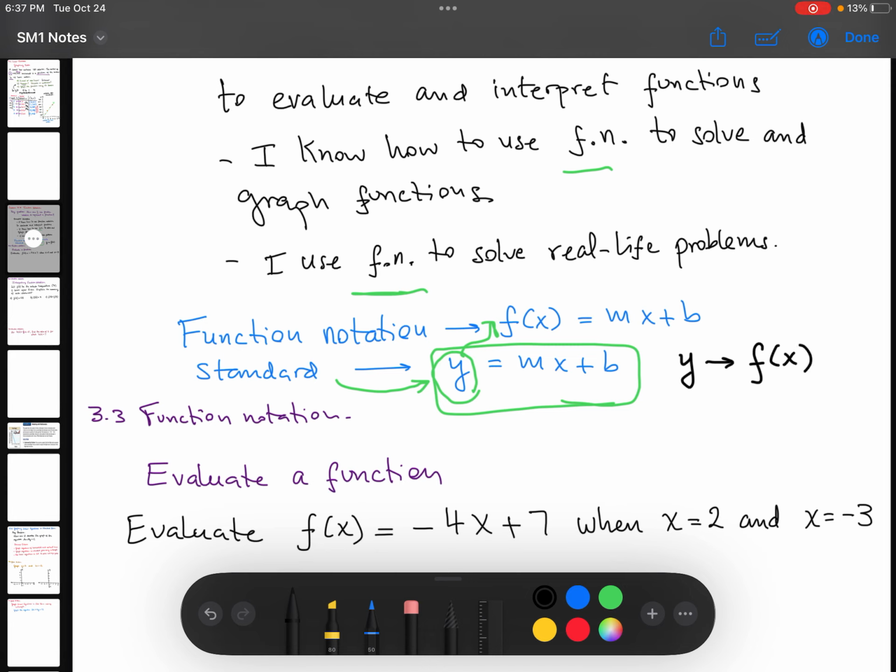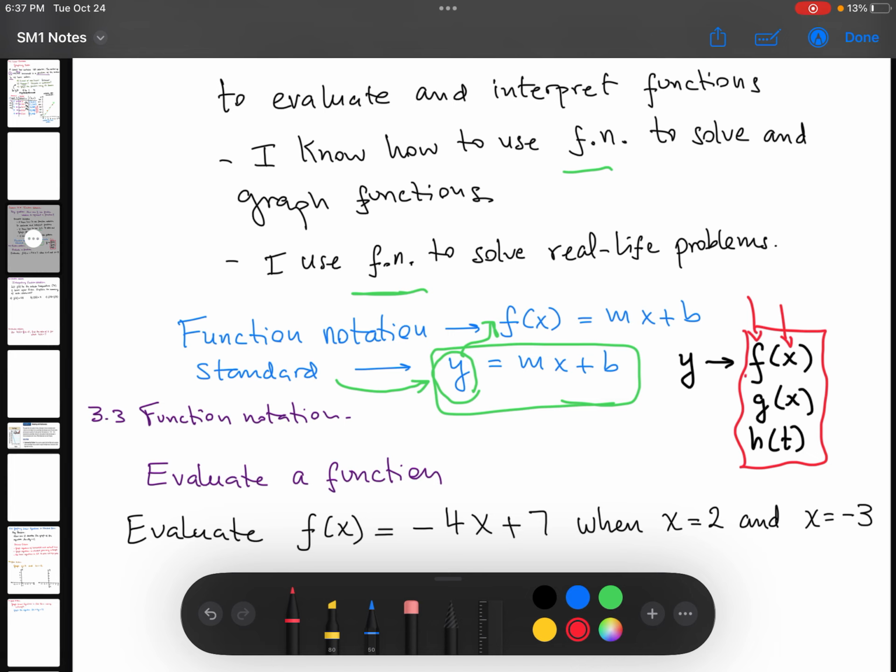Remember, there was a video before when it doesn't necessarily mean that you are forced to use f of x every time. You can use g of x, for example. You can use the variable in the input. You can say h of t. As long as you see something like this, a letter indicating the output, and what's inside the parenthesis indicates the input.